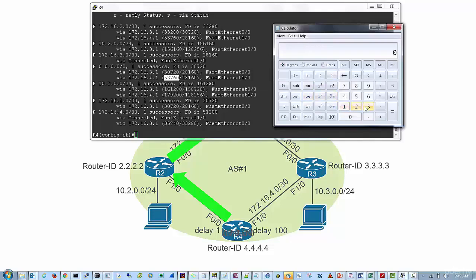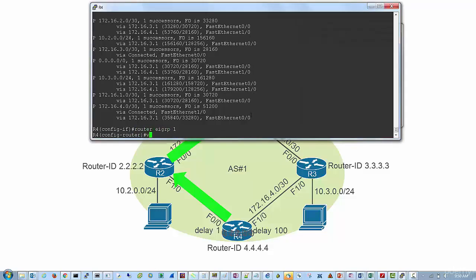So if we made it 2, take our feasible distance for the default route and times it by 2, that would equal 61,440. Well, since our feasible successor's metric is lower than the variance total, then it should become a successor and be installed into the routing table.